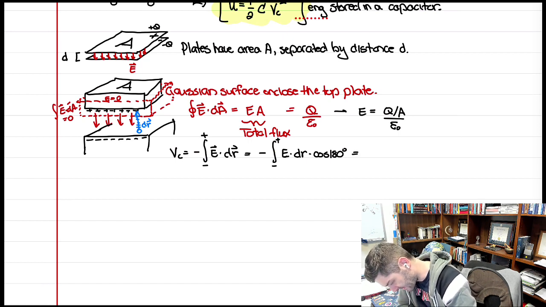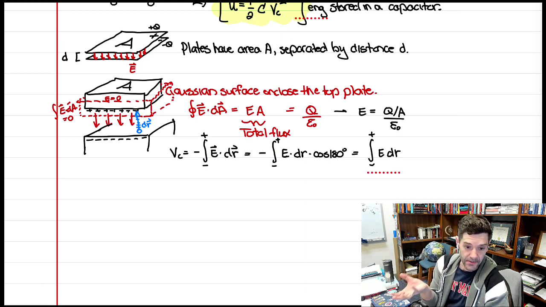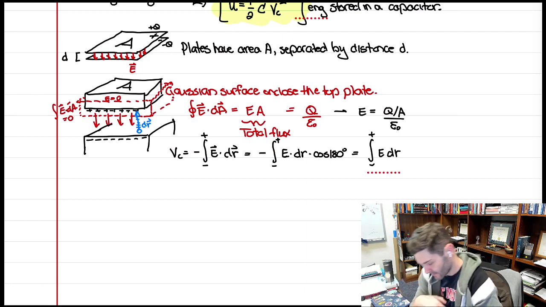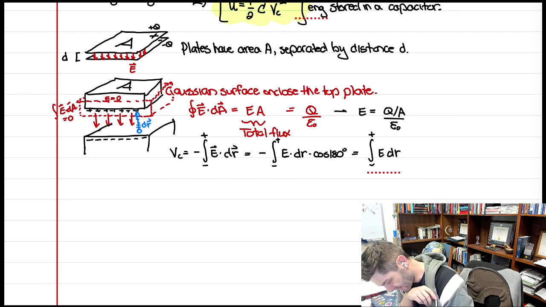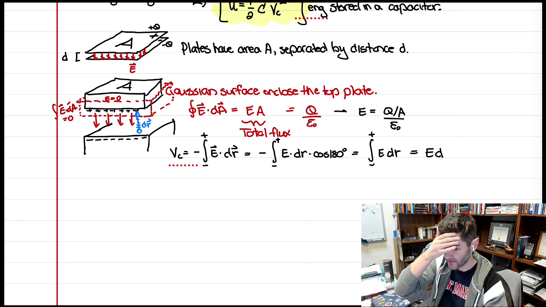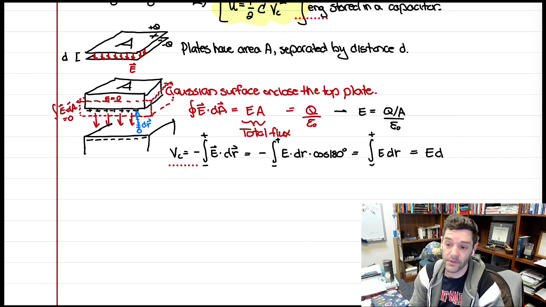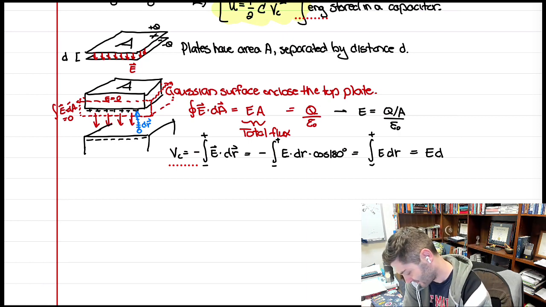So that's just the integral of the electric field magnitude times dr from negative to positive. The electric field we just argued is a constant. So then this is just E times D, the separation between them, which is a result we've already seen. But again, it's always good to remind ourselves where all this came from, that there was a reason we were doing it.